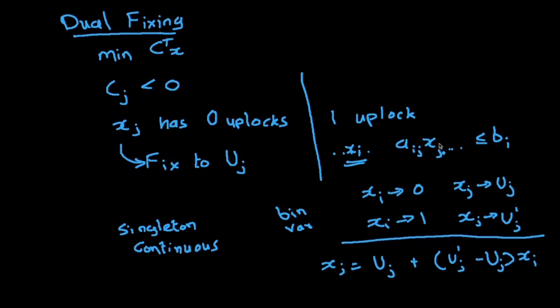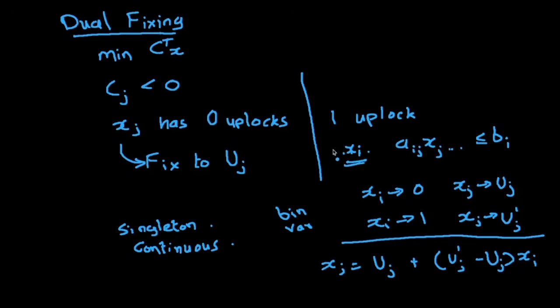But if I do it, then things can get complicated inside this constraint. But fortunately, I have this singleton continuous variable. That basically means that this xi variable does not appear in any of the other constraints. And let's say its bounds are such that it can compensate for whatever damage was done by moving xj to its upper bound.